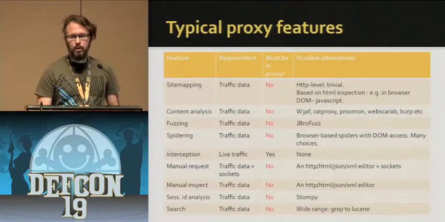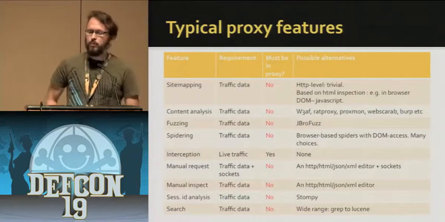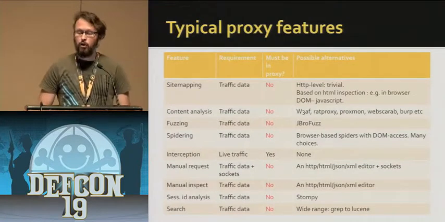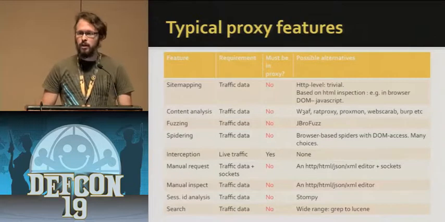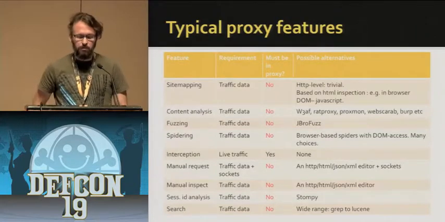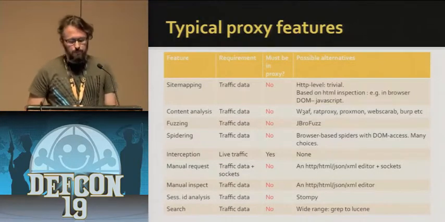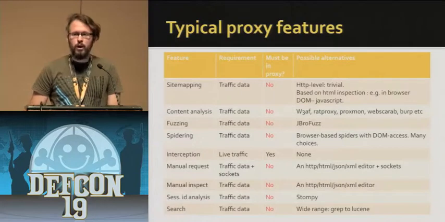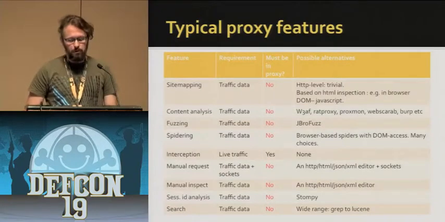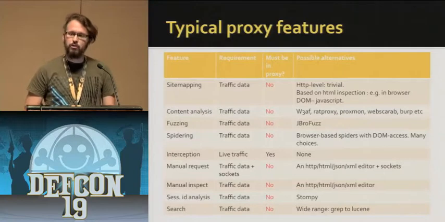So, a typical part of an intercepting proxy is obviously the intercepting part. But if you look at the proxies available today, they come with a bunch of different features, which we can see in this table here. What we've tried to identify is the different components present in these proxies, and whether they actually have to be in the proxy or not.